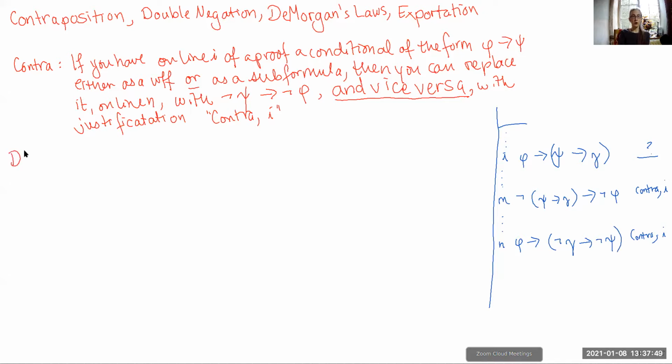So the next one is double negation, which is very easy.